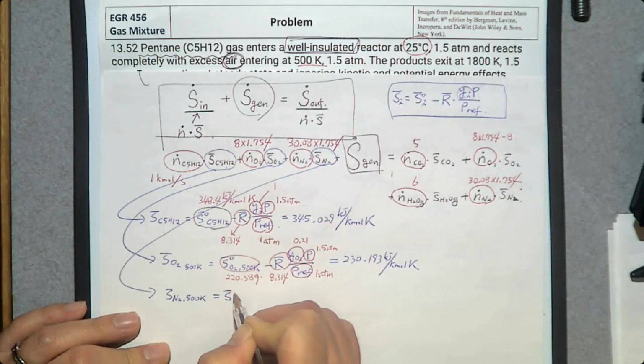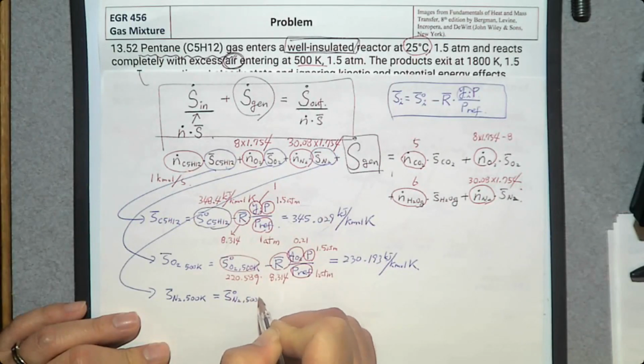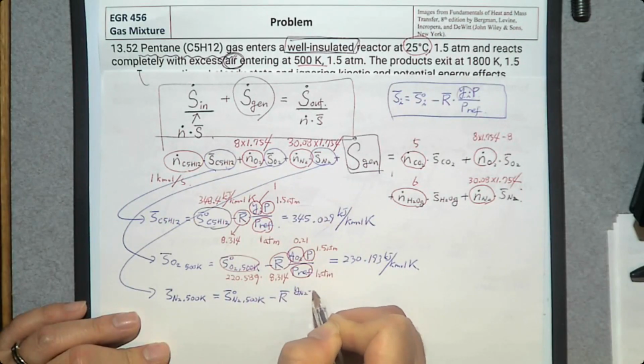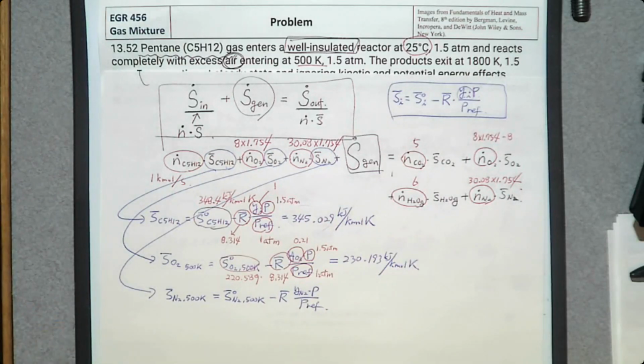So S bar degrees, the absolute entropy for nitrogen at 500 Kelvin minus R bar Y of nitrogen, P over P reference. This is the third time that we are working on this equation. So now you get the idea. How do we get this absolute entropy? From table A23.